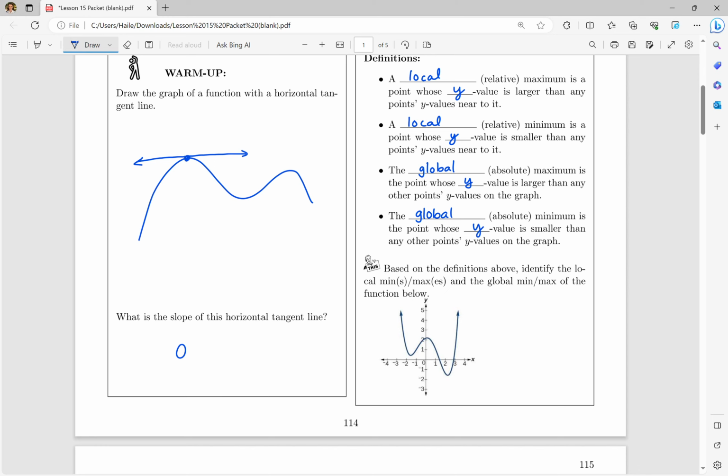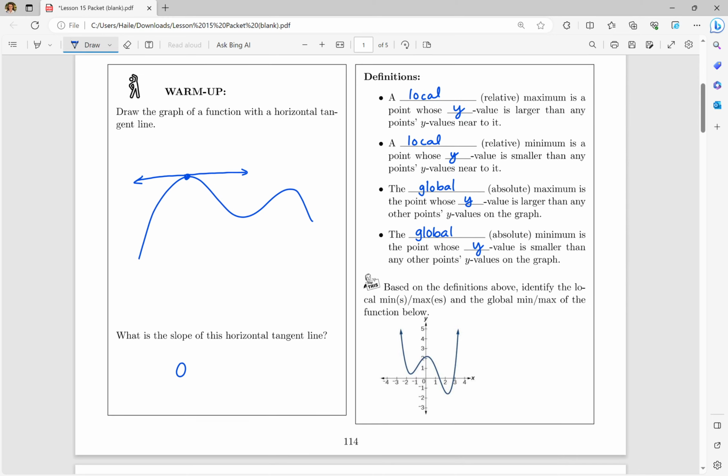Okay, so that was a lot of definitions all at once, but basically we have two types of minimums and maximums. We have local or relative, same thing, but they go by different names, min and max, and we also have global mins and maxes. Okay, so to see the difference, let's identify the local mins and maxes and the global min and max of the function below.